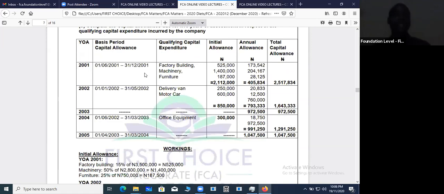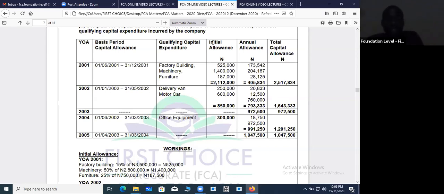Let me quickly run through it. In the first year, what we've done, we've brought from the other table the basis, the year of assessment and the basis period for 5 years for capital allowance. We've also brought the qualifying capital expenditure. Now, let's see how we can calculate our initial allowance, our annual allowance, and our total capital allowance.